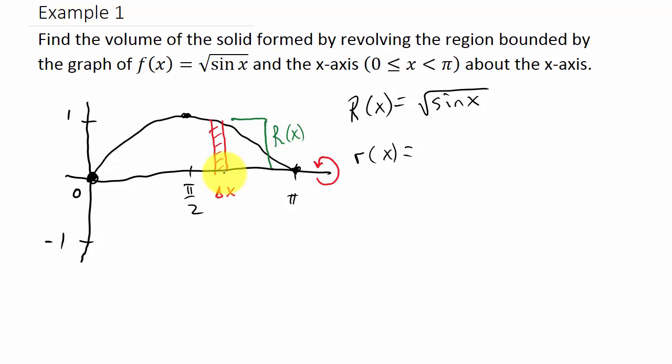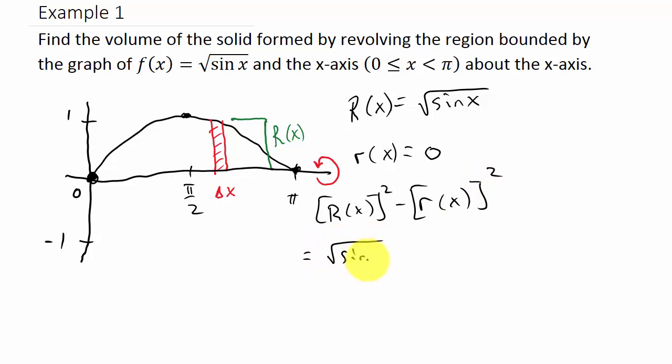You see how the inner radius is on the axis, so little r of x is just 0. So big R of x squared minus little r of x squared is equal to the square root of sine x squared minus 0 squared.